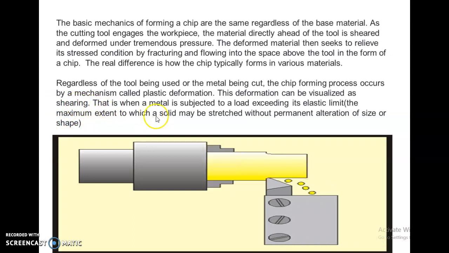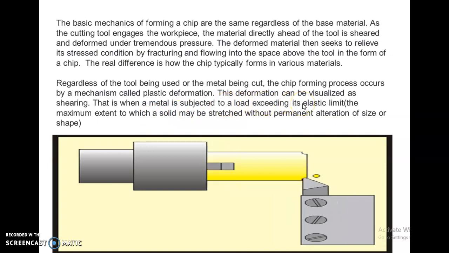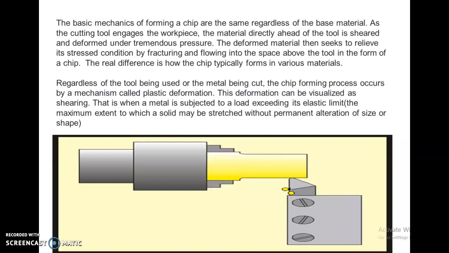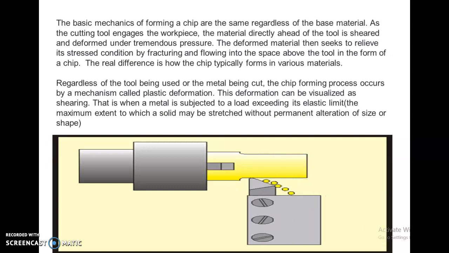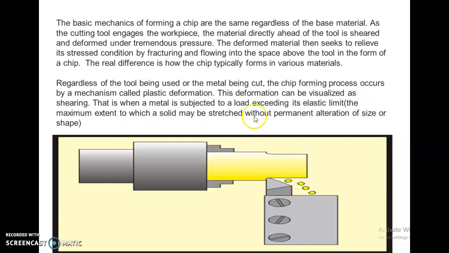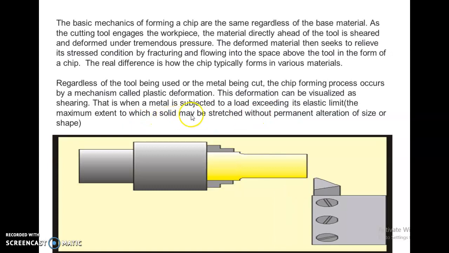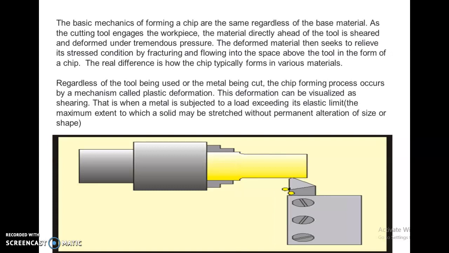This is when a material is subjected to a load exceeding its elastic limit. Okay, so what is shearing? The material is subjected to a load exceeding its elastic limit. What is the elastic limit? The maximum extent to which a solid may be stretched without permanent alteration of size or shape.